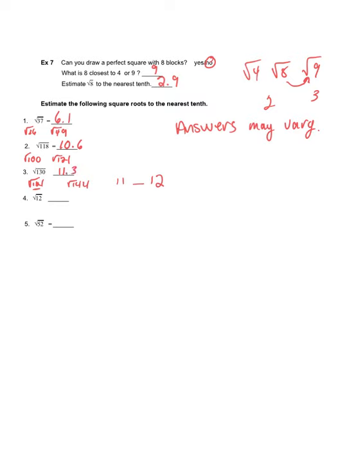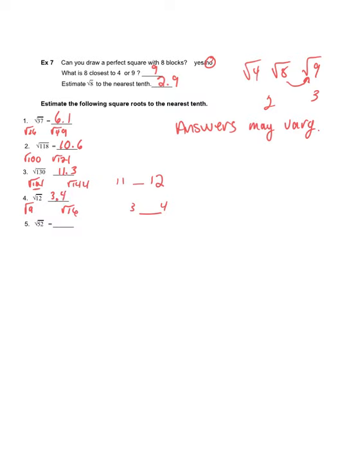Might say 11.4. And then the square root of 12 falls between 9 and 16, which means the square root falls between 3 and 4. 12 is closer to 9 by a tad. So like 3.4, something less than 3.5 is good.